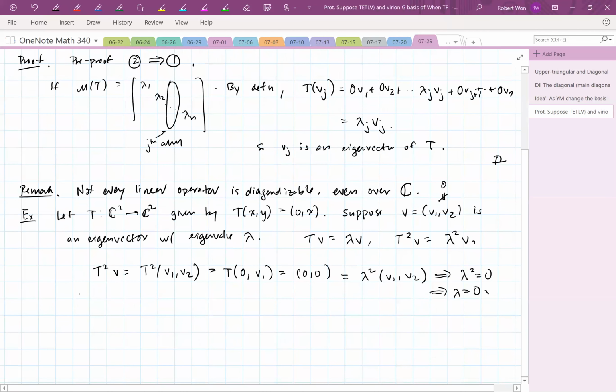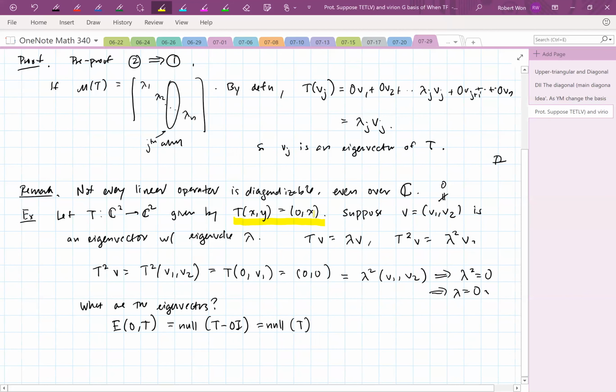Okay, so what are the eigenvectors? In other words, I want to know E of 0, T, this eigenspace. That's defined to be the null space of T minus 0I, which is just the null space of T. Okay, but what vectors does T send to 0? The vectors that T sends to 0 are vectors that look like 0, comma, anything.